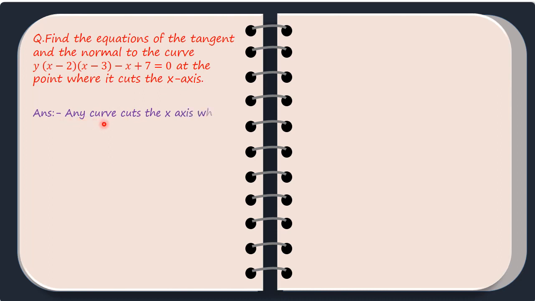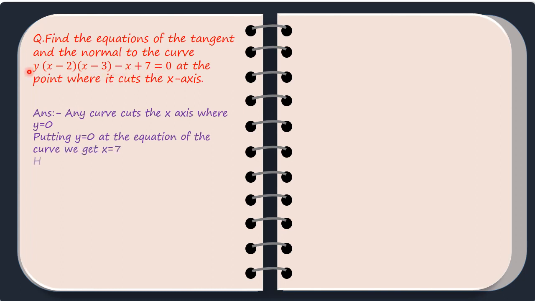Any curve that cuts the x-axis, that means y should be 0. So put y equal to 0 in this equation and you will find the value of the x coordinate. Since I am taking this point on this curve, y into x minus 2 into x minus 3 minus of x plus 7 is equal to 0.